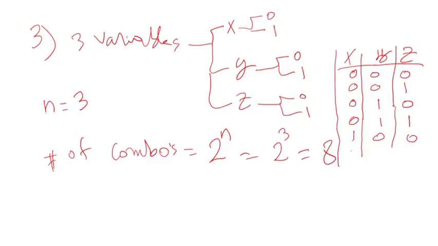Then you can have another combination. Here's another combination. If we count them, I have 1, 2, 3, 4, 5, 6, 7, 8. So that's how you come up with 8.